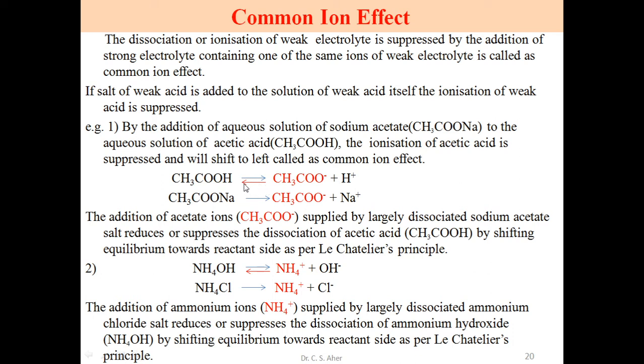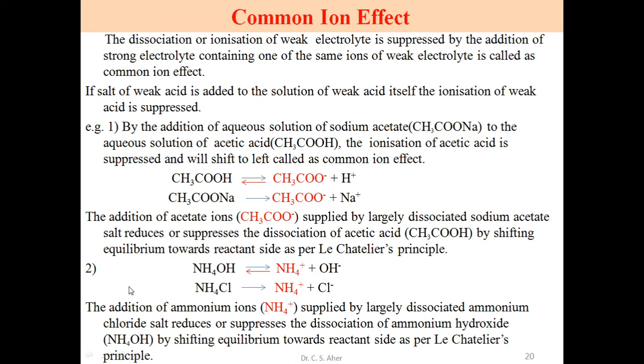This red arrow indicates the shift towards the reactant side, and it is based on Le Chatelier's principle. So in this equilibrium, when we add a common ion, the equilibrium is maintained by consuming the common ion through combination with H plus to form acetic acid, and the reaction shifts to the left direction, that is Le Chatelier's principle.